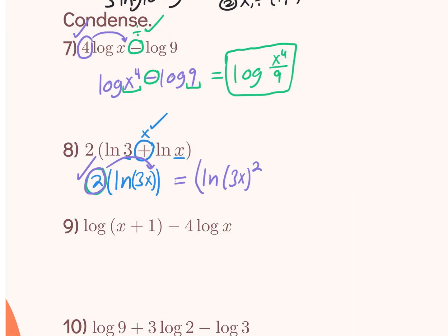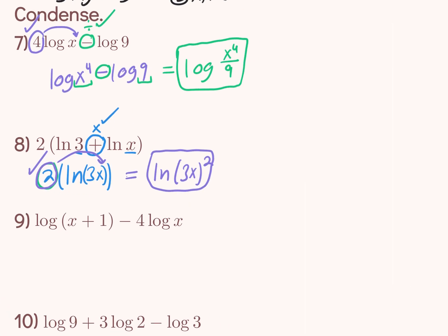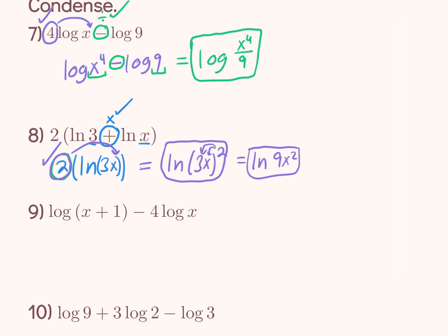We have a single log expression. It has an ln. If you wanted to, you could also distribute that square to each of these, and you can make this ln of 9x squared. That's also perfectly fine. I don't really care, honestly, how you leave it, as long as there's a single log and no coefficients or pluses and minuses.